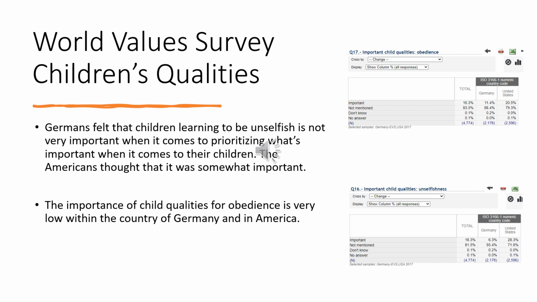As you can see in the classrooms today, that is really prevalent. We are not teaching our kids obedience at home. It starts at home, but that's another soapbox. But with these scores, it does show that in Germany and America, it's not a priority to teach that obedience is important.